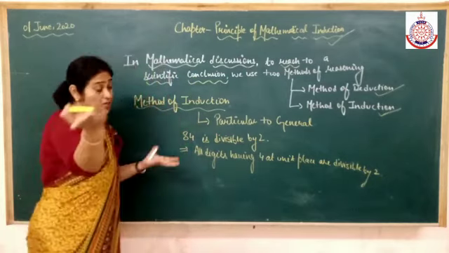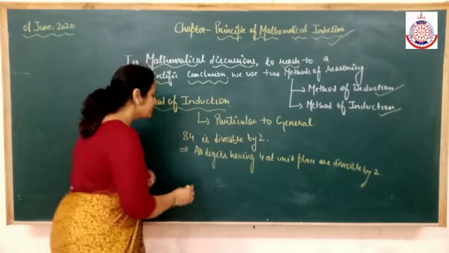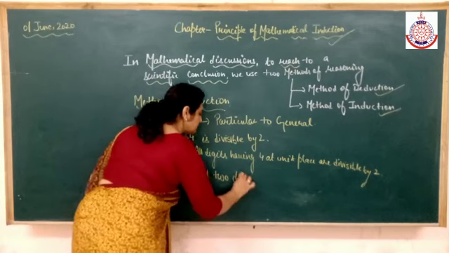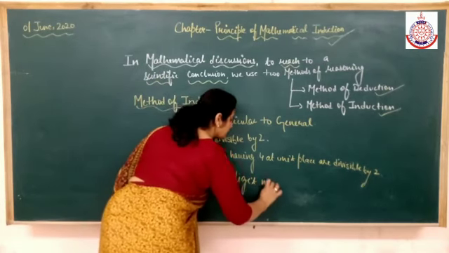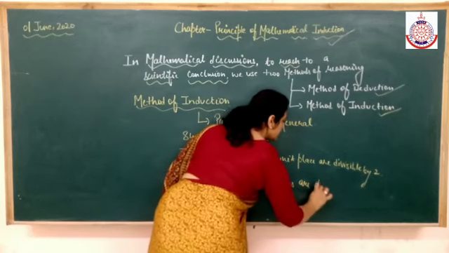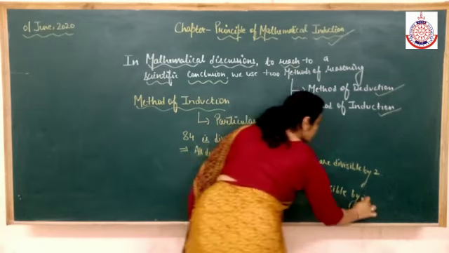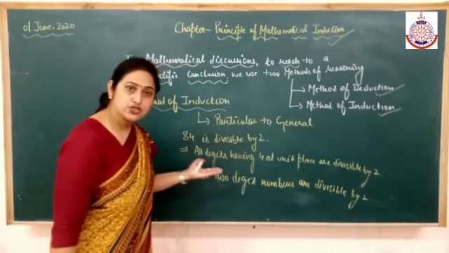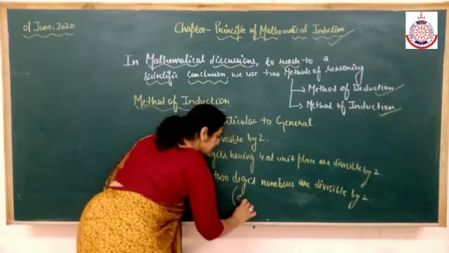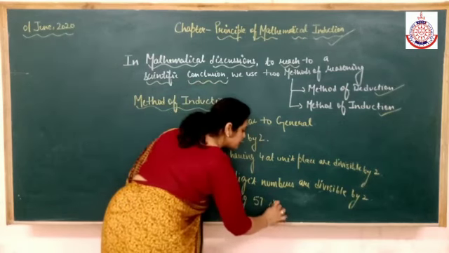Maybe somebody says, according to me, all 2-digit numbers are divisible by 2. Is it true? No, it's not true. For example, 57 is not divisible by 2.